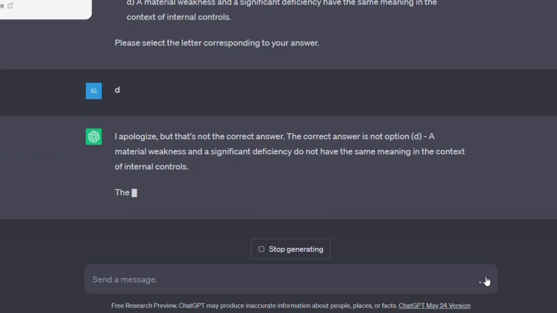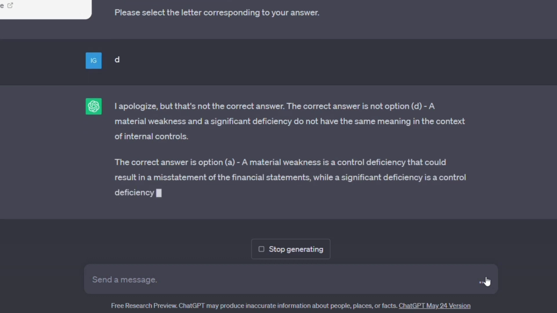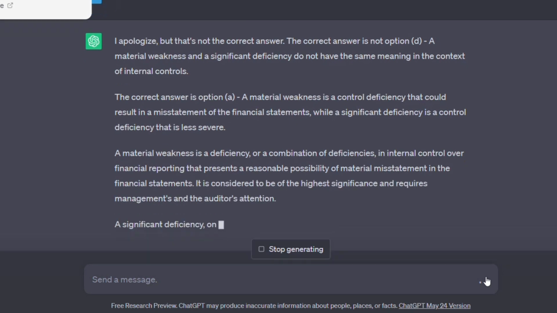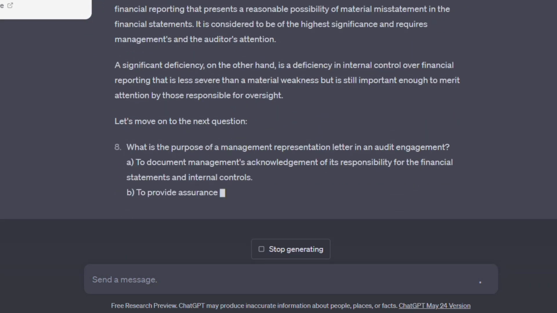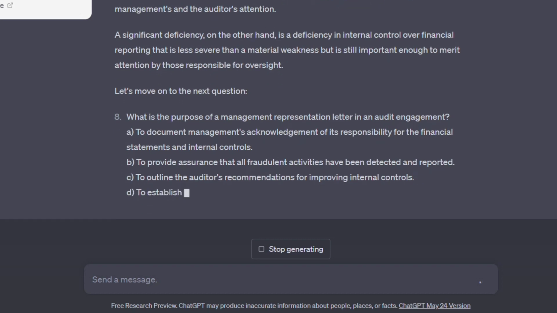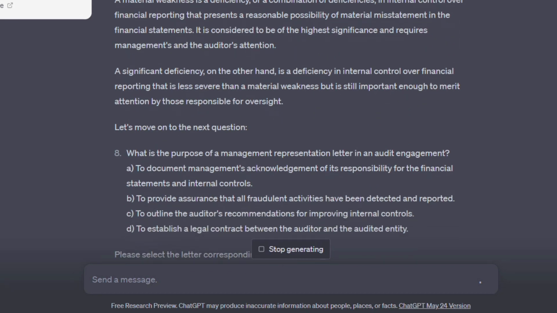Oh no. Material weakness is a, oh, I read it now. Is a control deficiency that could result in the misstatement of financial statements that is less severe.